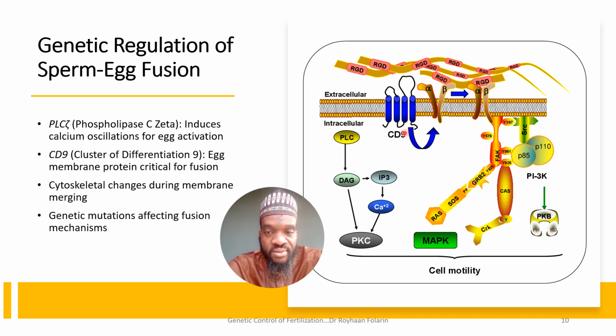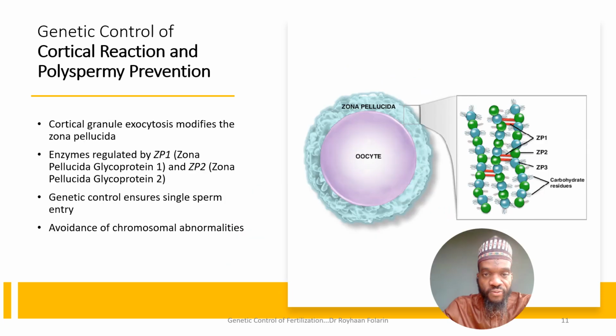CD9 is another; it stands for cluster of differentiation. It's present on the egg membrane, as you can see here, and it facilitates the actual fusion of the egg. It is very critical for it. Genetic mutations in these proteins would end up hindering fertilization, and it will not be able to go forward.